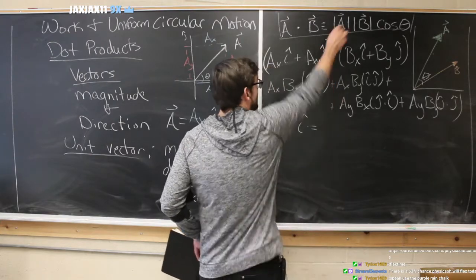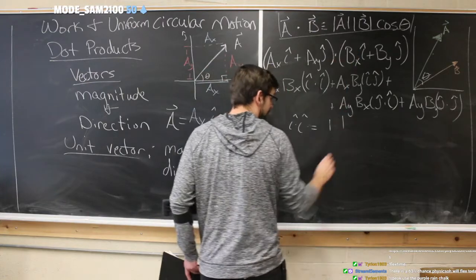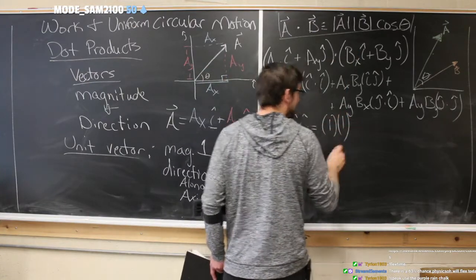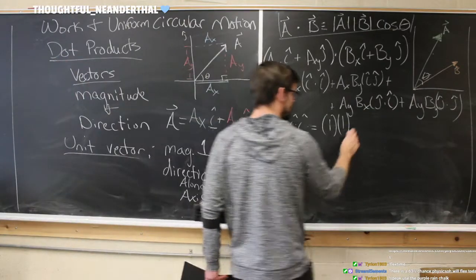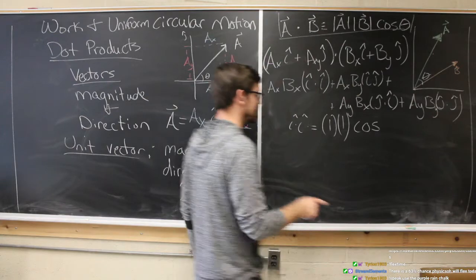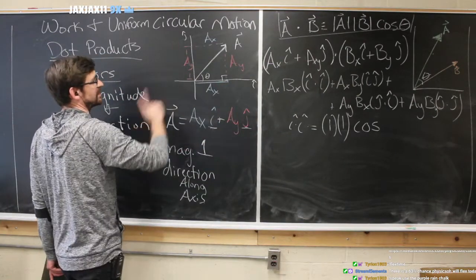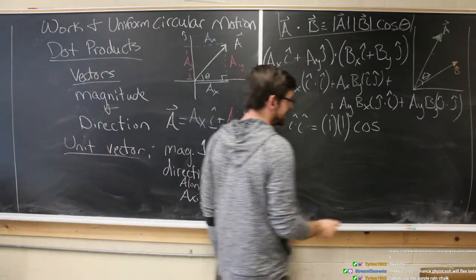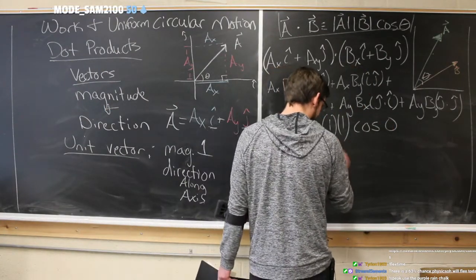That just means our magnitude of the one vector is 1, our magnitude of the second vector is 1, and the angle between them, i hat to i hat, is always 0. Cosine of 0 is 1, so this whole thing is equal to 1.